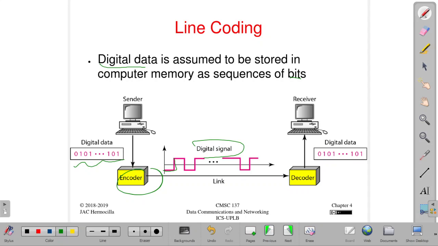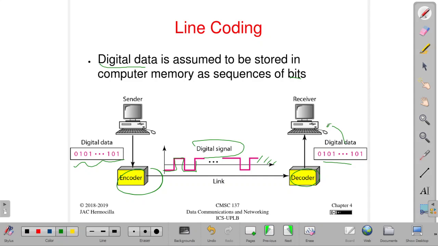And notice that the representation of digital signal here is as a square wave. Then at the receiver end, we have a decoder that will sample the digital signal and then convert that signal to digital data that can now be used by the computer in the receiver.